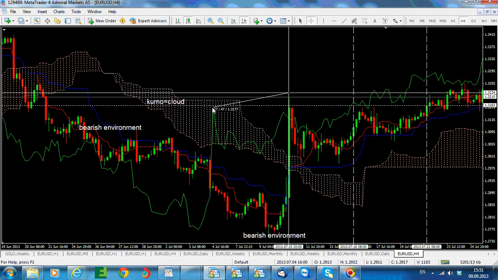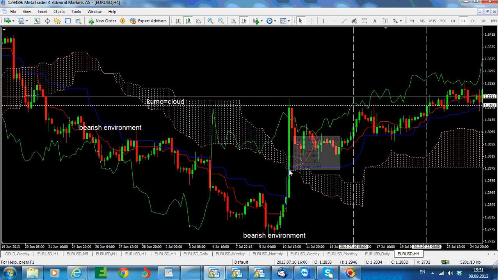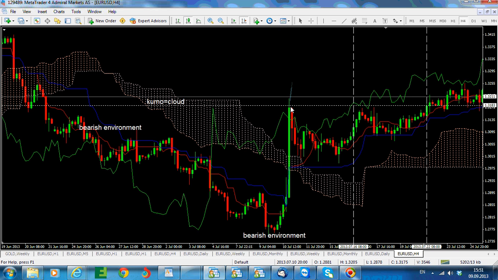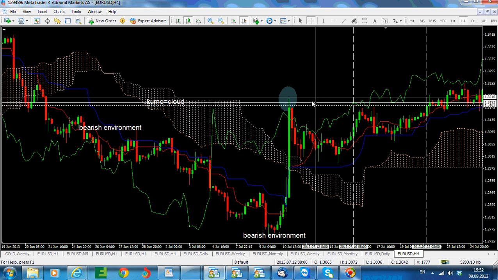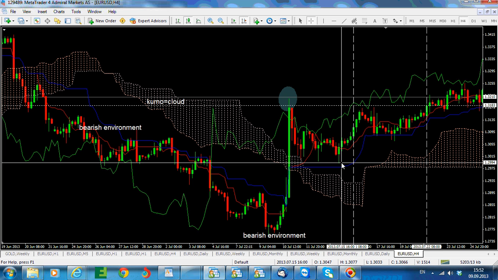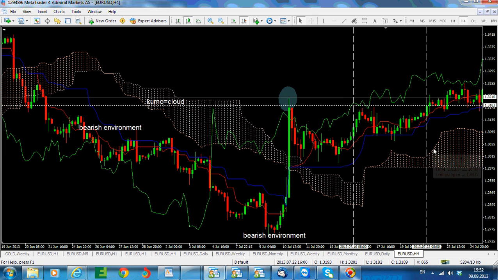Now, have you ever wondered what makes price turn just like that, out of nowhere, after a strong move? As you can see, price is going to the upside, and it is turning for more than 200 pips to the downside without any explanation.